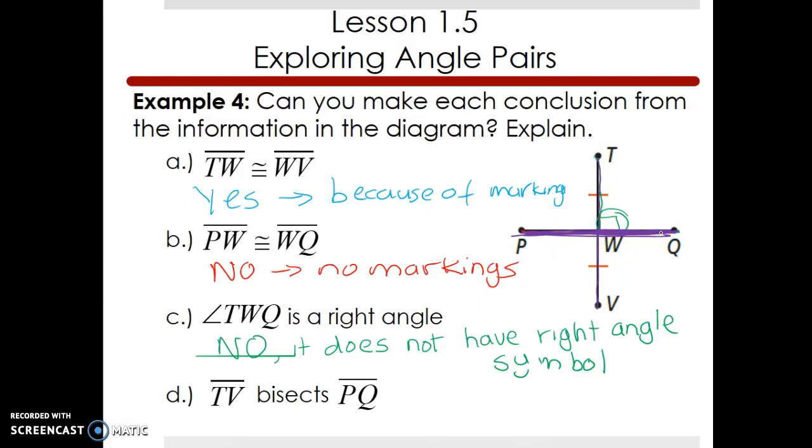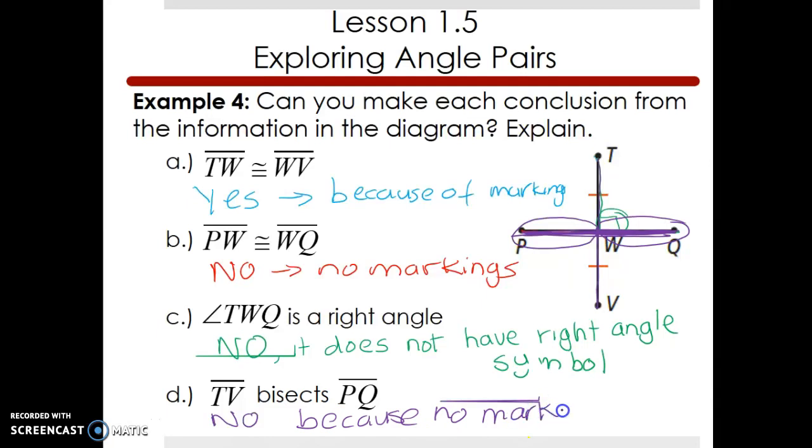So if you remember what bisect means, this side is equal to that side. Well, in question B, we said we did not know if the side was equal to that side. So the answer for this one is no, because there's no marking for congruency.